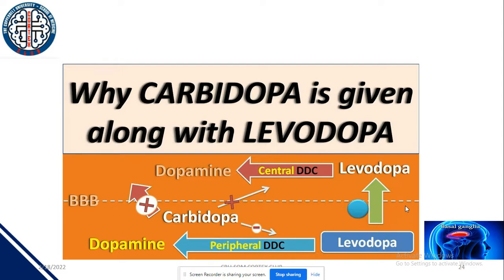Another thing to note is that where we see the X there, it means carbidopa and dopamine, on their own, can't get entry across the blood-brain barrier. So once this happens, at least now we have enough dopamine in the substantia nigra, which will be able to carry on with the pathways that we discussed.